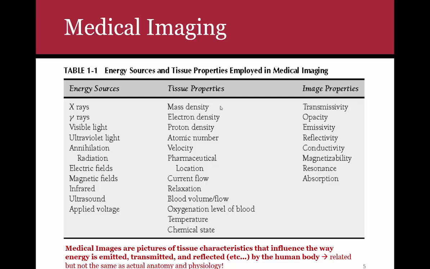Because lead has such a large mass density, it actually absorbs X-rays. So no X-rays get transmitted through the lead, and because your bone is not as dense as lead, there is some transmission of X-rays through the bone.